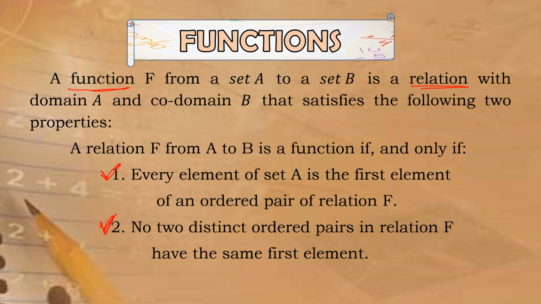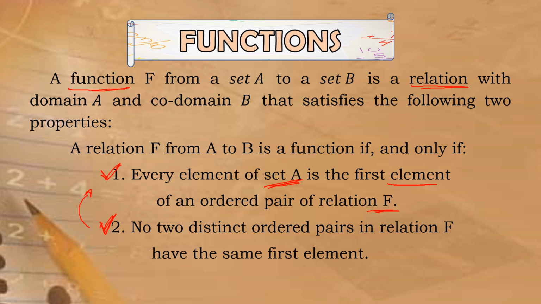A relation f from A to B is a function if and only if every element of set A is the first element of an ordered pair for the relation f. So meaning to say, the element of set A could not be repeated as the first element of an ordered pair in a relation f, or that can be considered as a function. Next, no two distinct ordered pairs in relation f have the same first element. So they are the same in meaning.